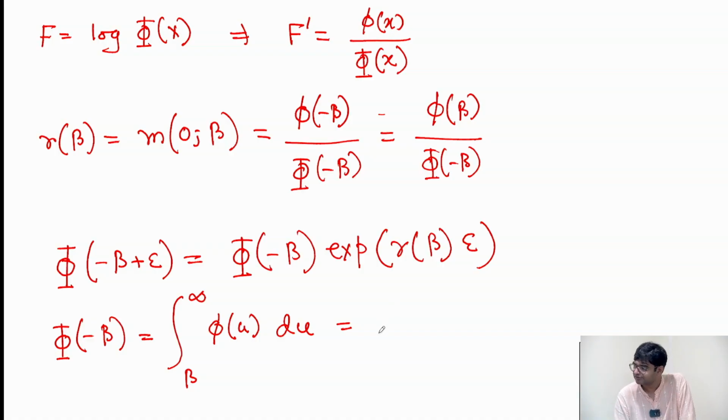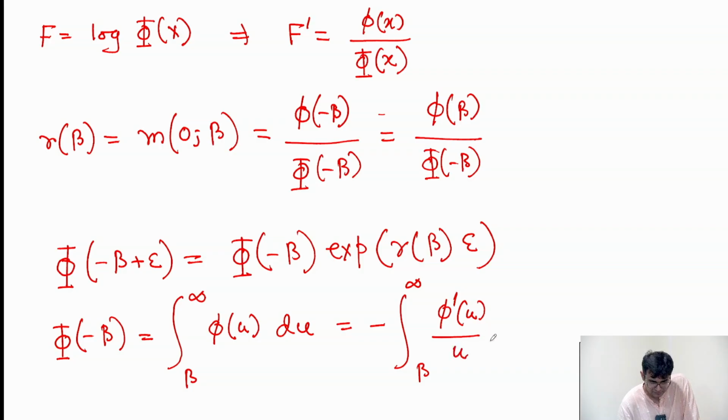Remind me what we did last time? Phi of u is equal to phi dash by, correct, minus the integration from beta to infinity of phi dash u by u du. So this is what we did, right?